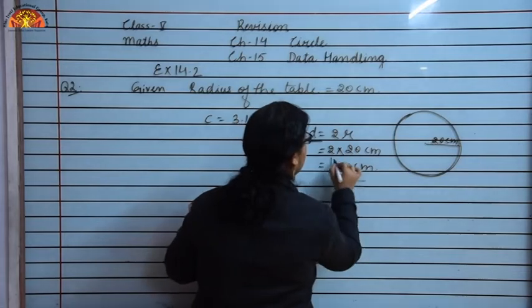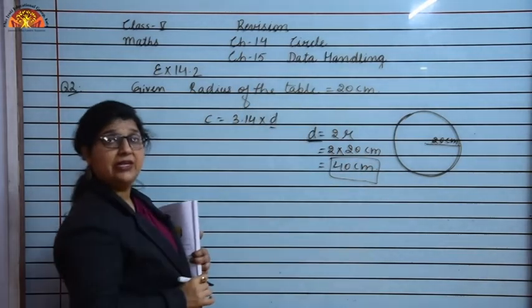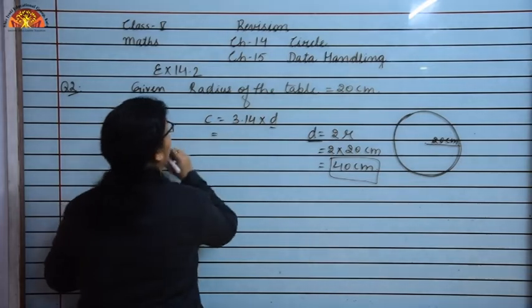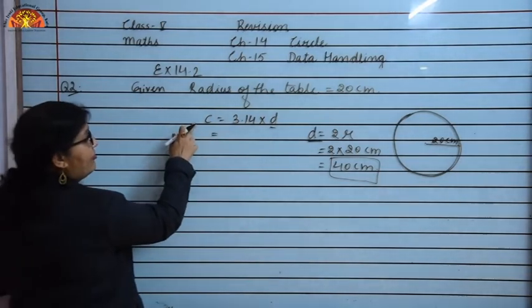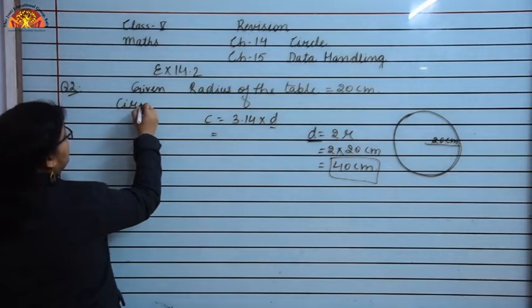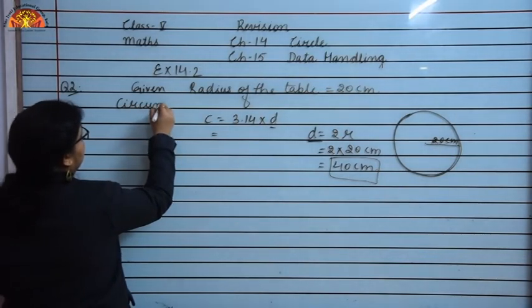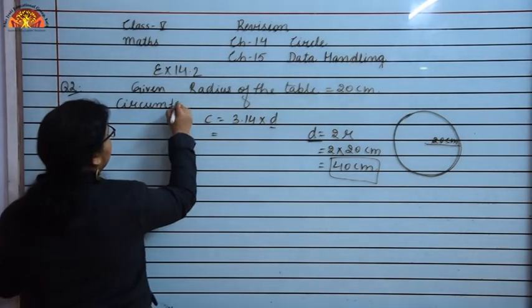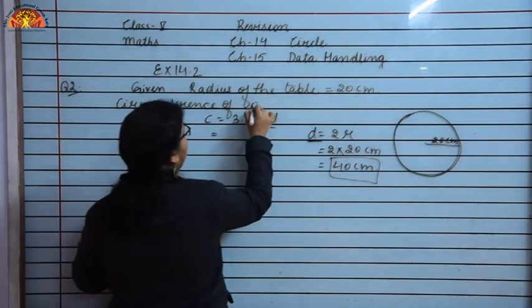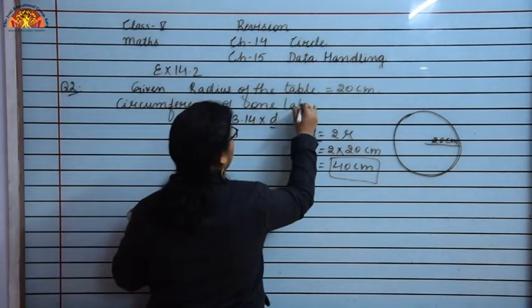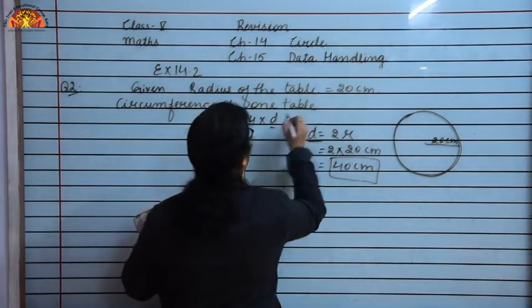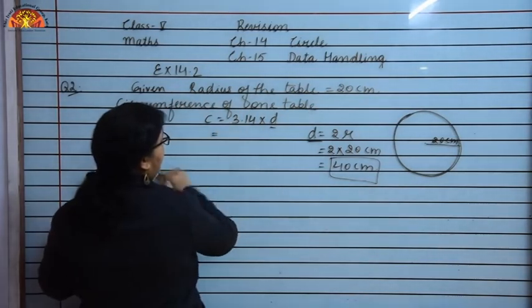Now put this value of diameter in this formula to get the answer. So this is the circumference of one table. So if we write here, circumference of one table is equal to, understood?